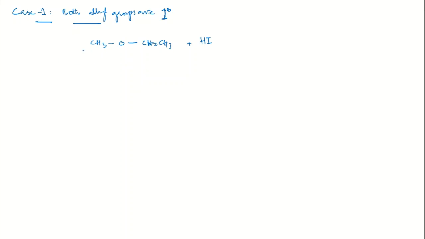In the first step, the hydrogen iodide that we are taking breaks into its corresponding ions, and we get the proton and the I negative ion. Let's consider this as step 1 of this reaction. In the next step, there is protonation of this ether.